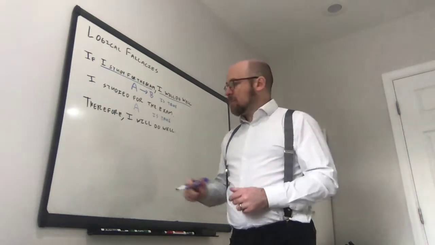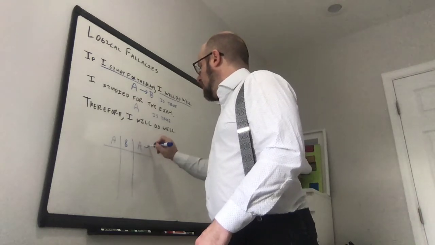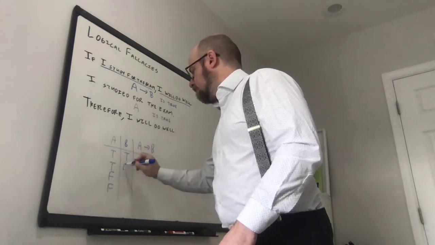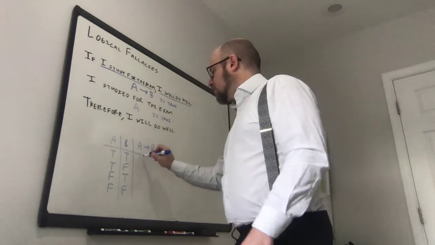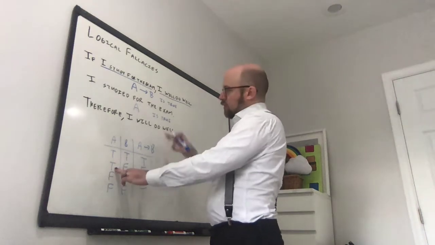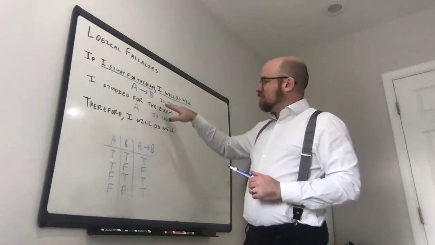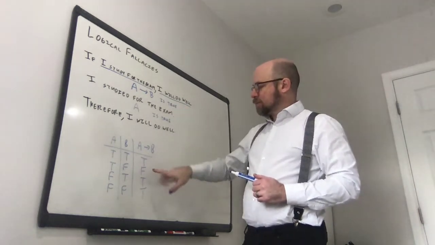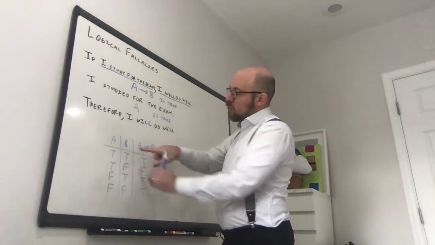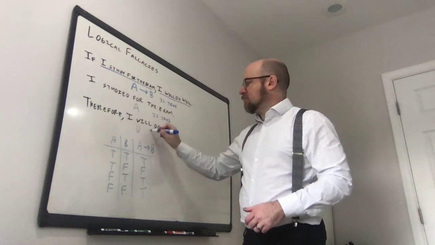Remember, when we set this up, we said A, B, A implies B. Our truth table looked like this. If A was true and B was false, A implies B would also be false. Since A implies B is true, we have to be in one of these three situations. Since A is true, we have to be in this situation, and so B must be true.